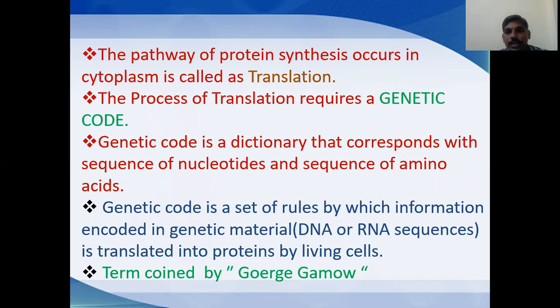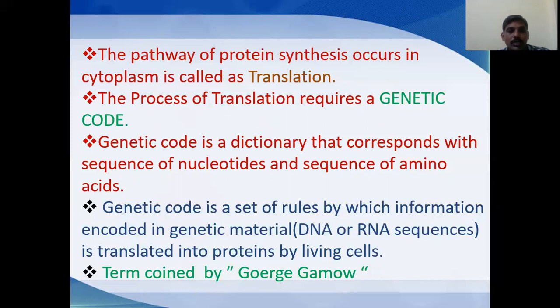The process of translation requires a genetic code. Without the genetic code, there is no accuracy of the genetic information transcribed into RNA, and the RNA, with the help of genetic information, constructs the polypeptide chain.